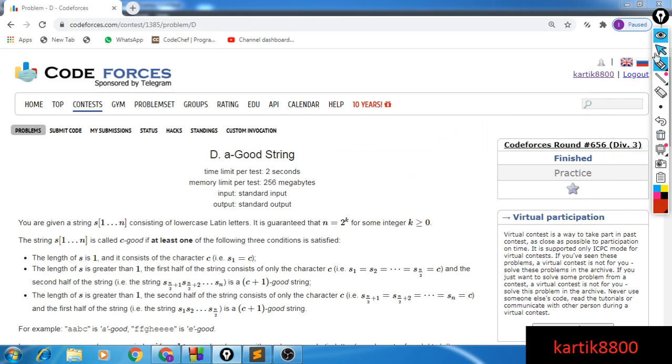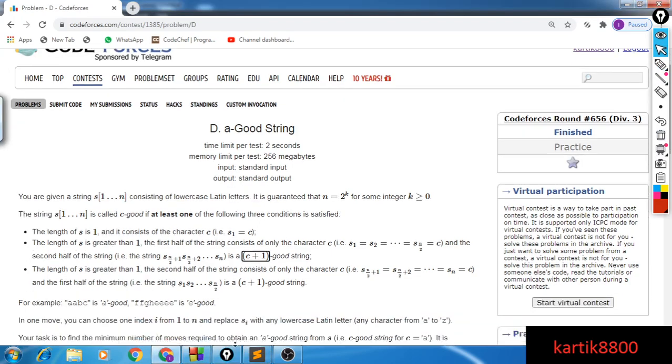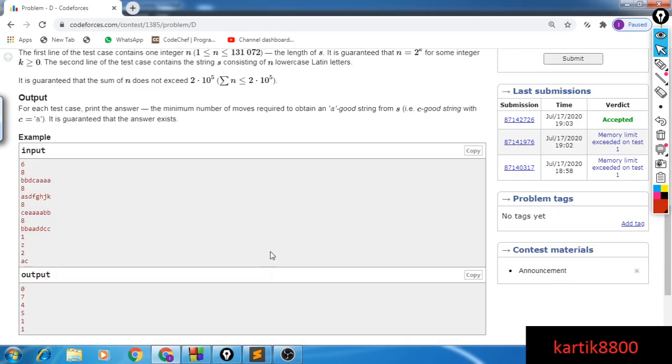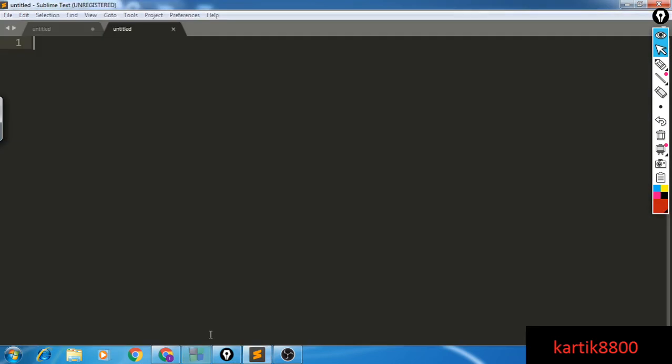Now, what is an a-good string? I'll discuss the examples later on, but let's first check what we mean by an a-good string. Either the string length is 1 and the only character of the string is A, then it is an a-good string.